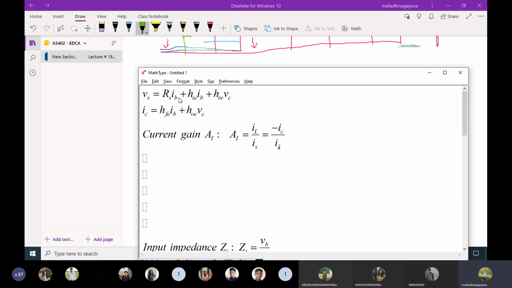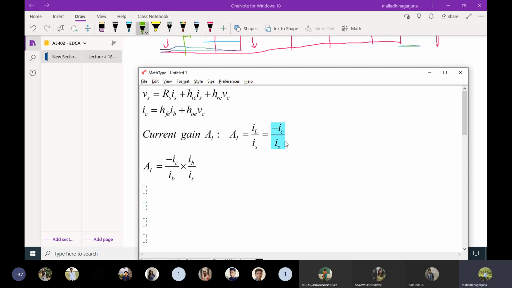Since we are taking the source node, let us represent it with IS only to avoid confusion. Can we write it like this?